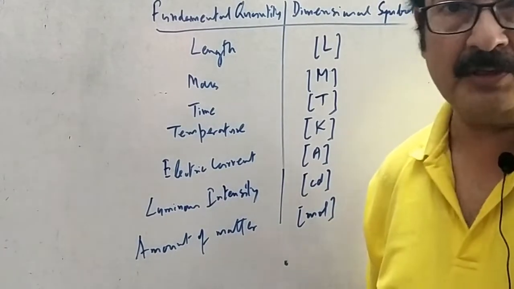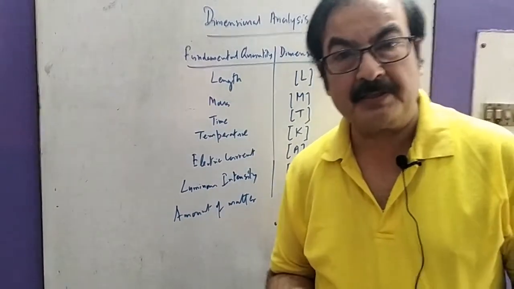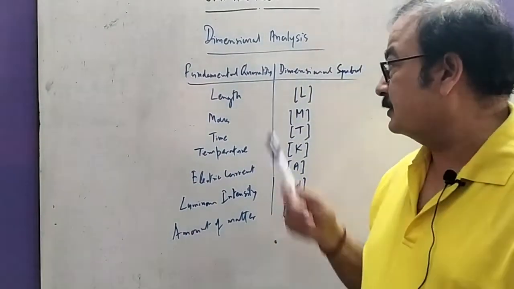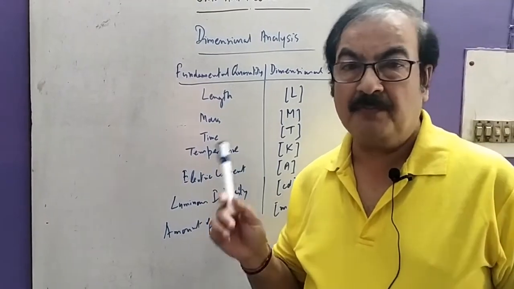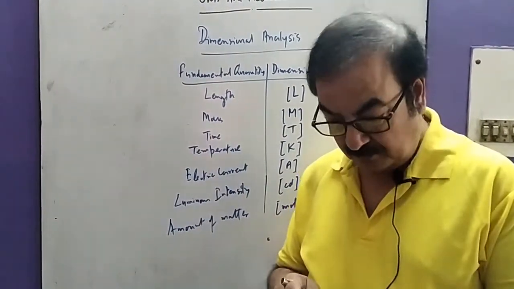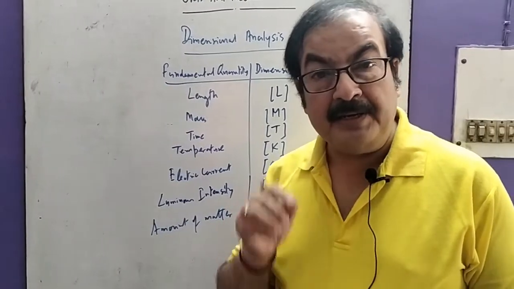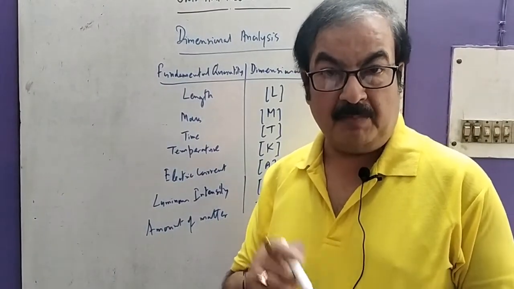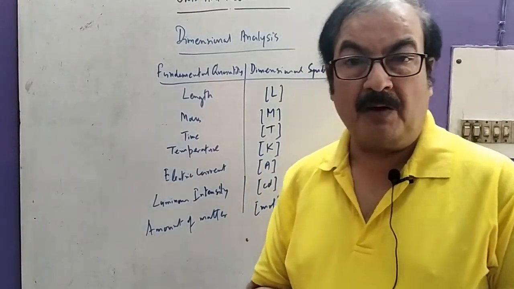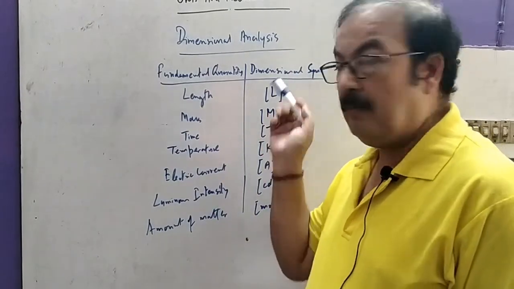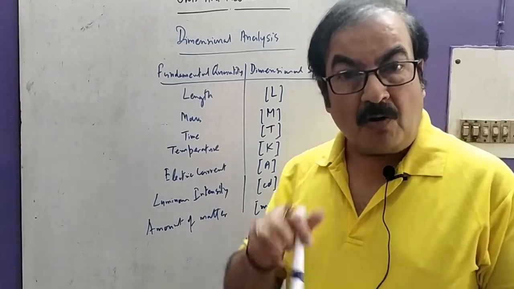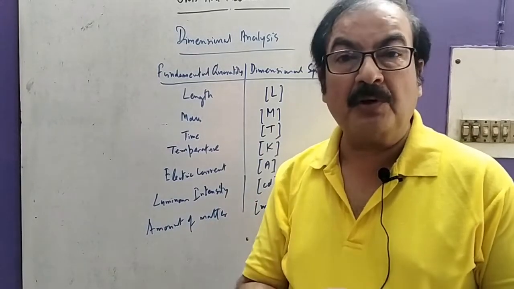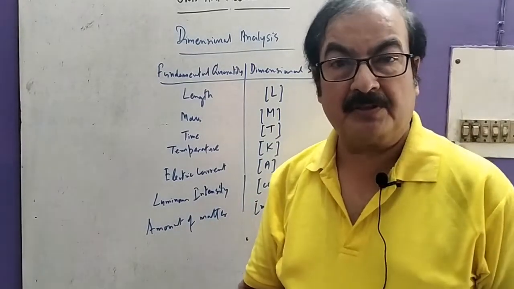If any physical quantity is expressed in terms of such dimensional symbols, that makes it a dimensional formula. Very simple. In any dimensional formula, there may be some power, say L squared, M cubed, like this. All such powers or exponents are called dimensions.